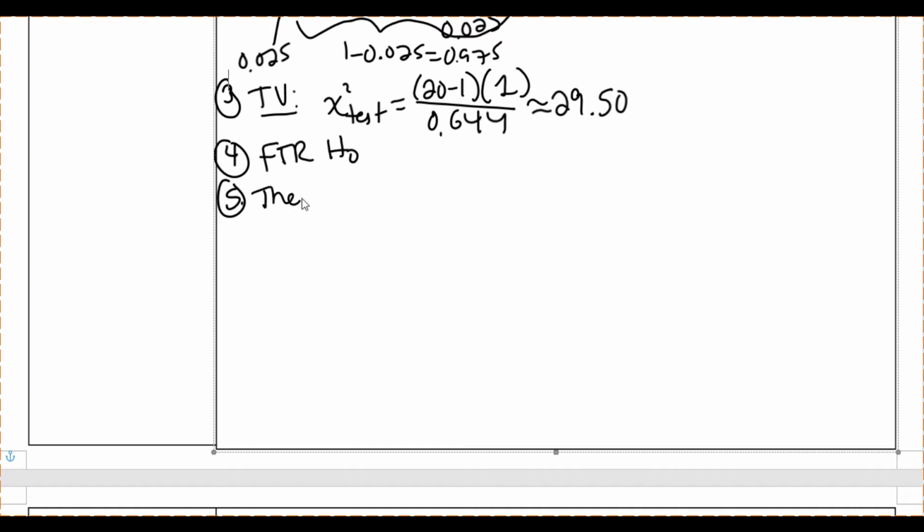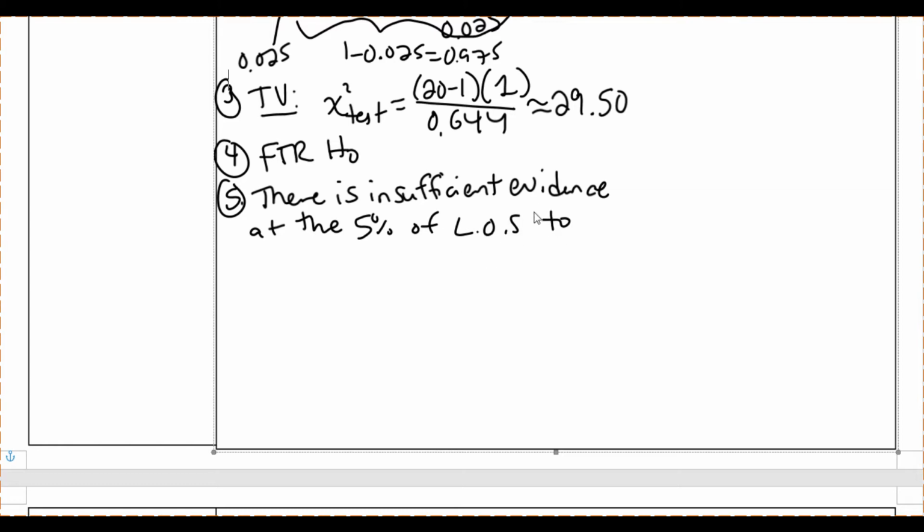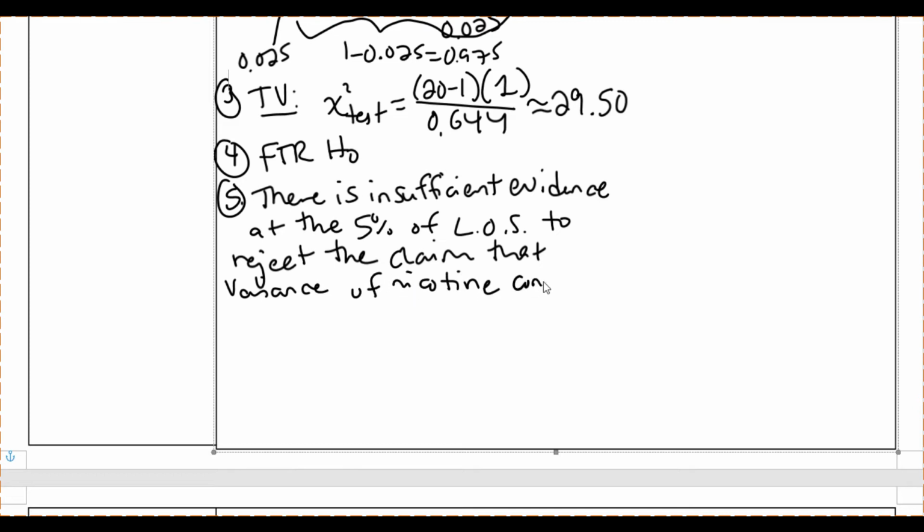So we say that there is insufficient evidence at the 5% level of significance to reject the claim that the variance of nicotine content is equal to 0.644.